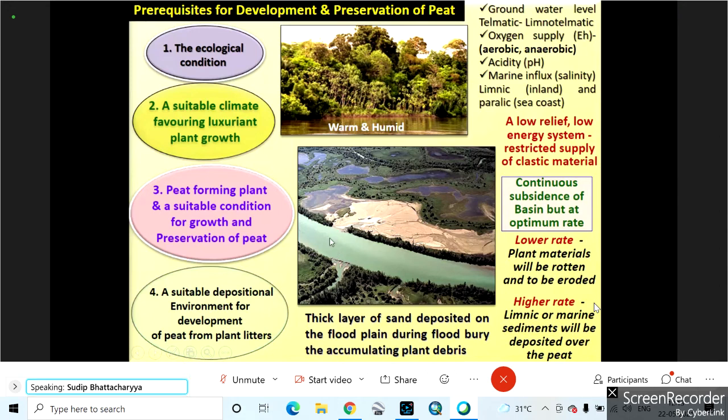There is a breaching over here. This is the natural levee. Breaching the natural levee, the sediment-laden water during a high flow or high flood goes beyond the natural levee and makes a blanket over this overbank deposit.